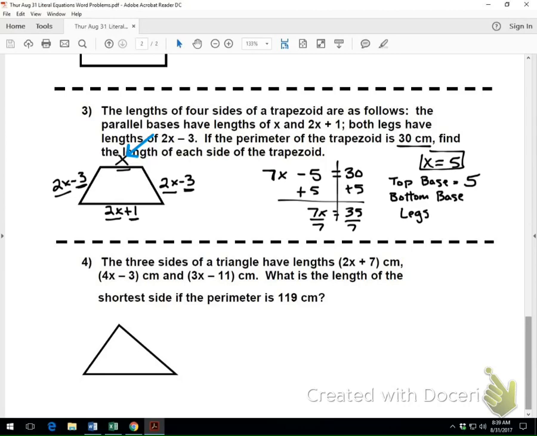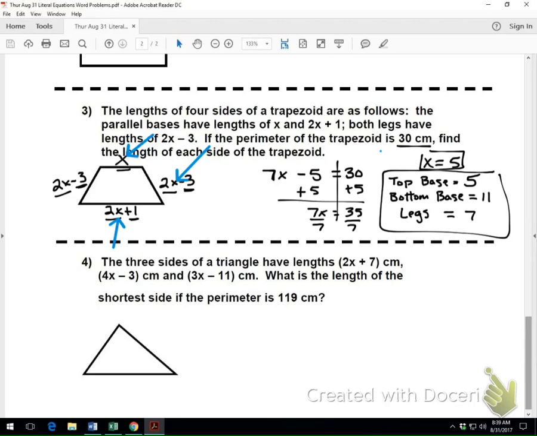Now if I took that 5 and plugged it into this x on the bottom base, 2 times 5 plus 1, 11. Since both legs are the same length, plug it into that x: 2 times 5, 10, minus 3, 7. So there are the lengths of each.